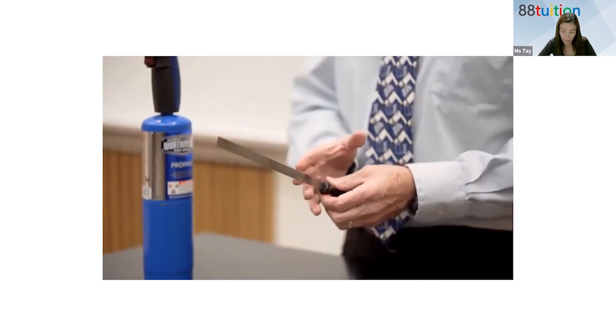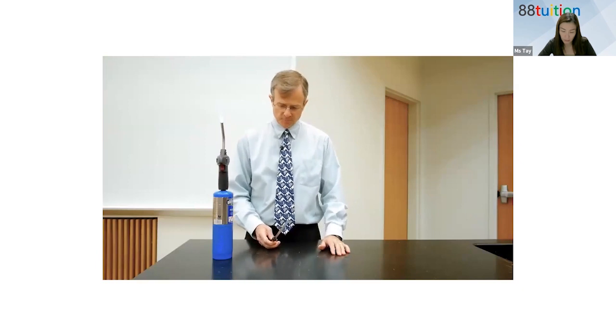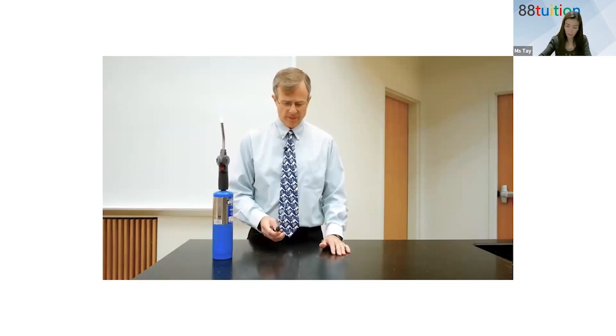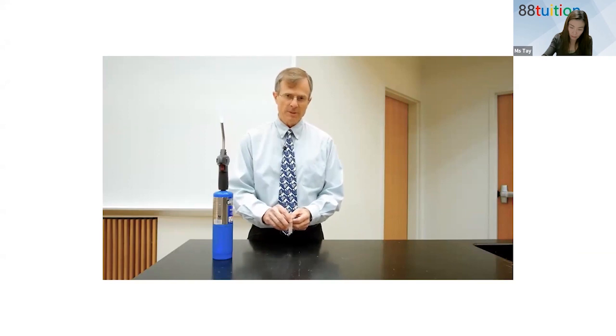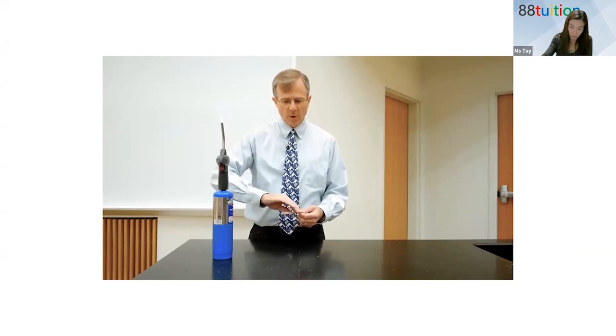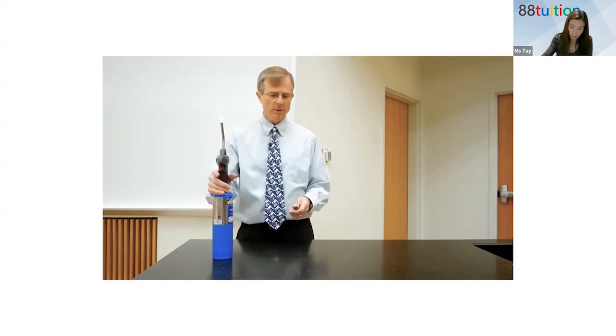And when you heat this strip, these kinds of strips are used for switches, thermostats, this sort of thing. When you heat the strip, given the fact that the two metals will have different thermal expansion coefficients, one will expand more than the other, and it will curve, the strip will curve.